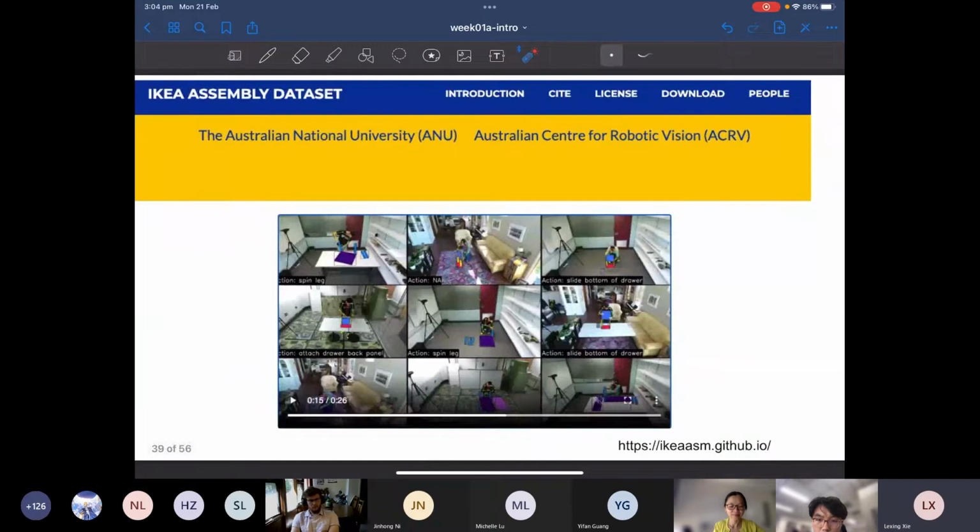So going beyond promoting the work of myself and my lab, here's a sample of things that other people do. For example, the computer vision group in ANU is very strong. One of their projects collects data and trains the computer to learn to assemble IKEA furniture, which is very interesting.